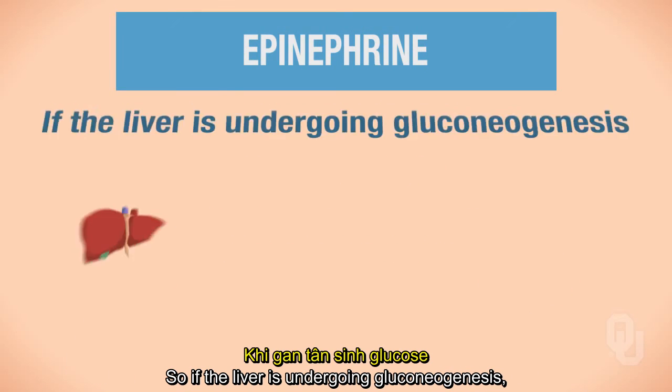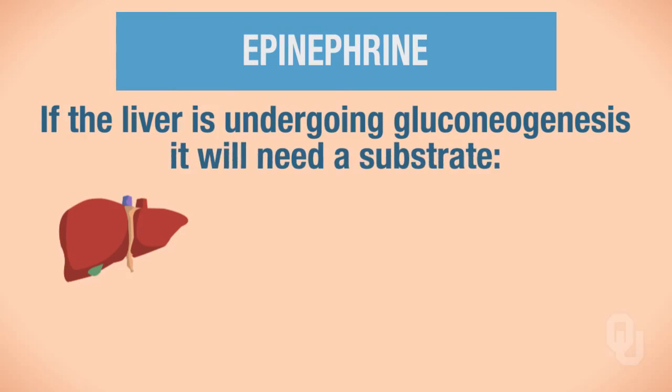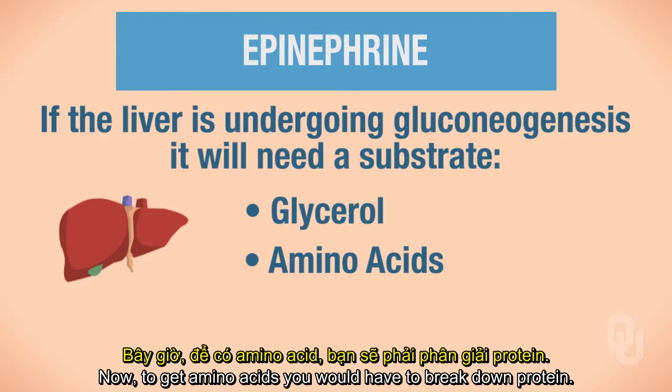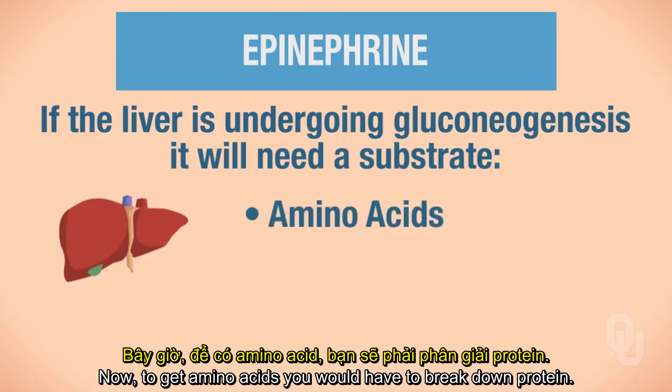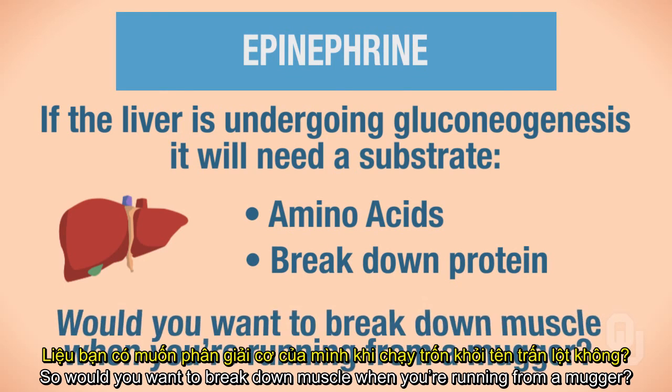So if the liver is undergoing gluconeogenesis, it needs a substrate to do that. So remember I said for gluconeogenesis, we could do this by using glycerol and amino acids. Now, to get amino acids, you would have to break down protein. So would you want to break down muscle when you're running from a mugger?